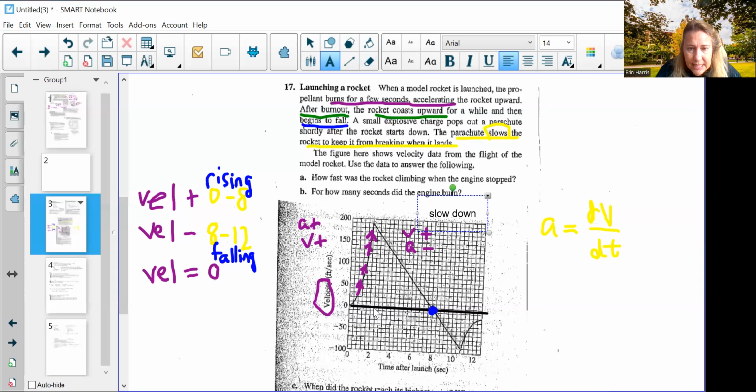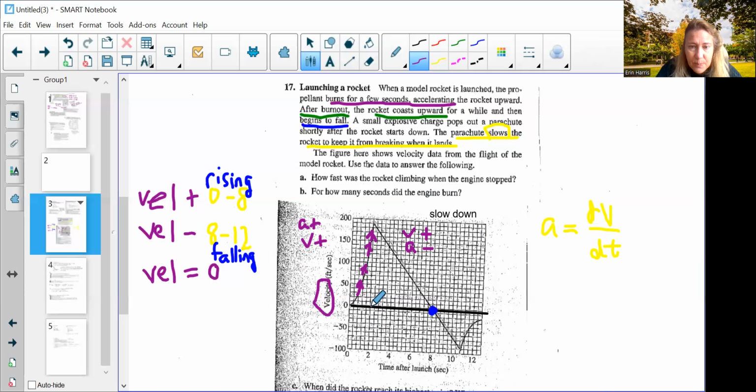It looks like this happens at about 2 seconds where we go from speeding up to slowing down. So notice we're still rising until we get to 8 seconds, but we continued to rise after 2 seconds at a slower rate.